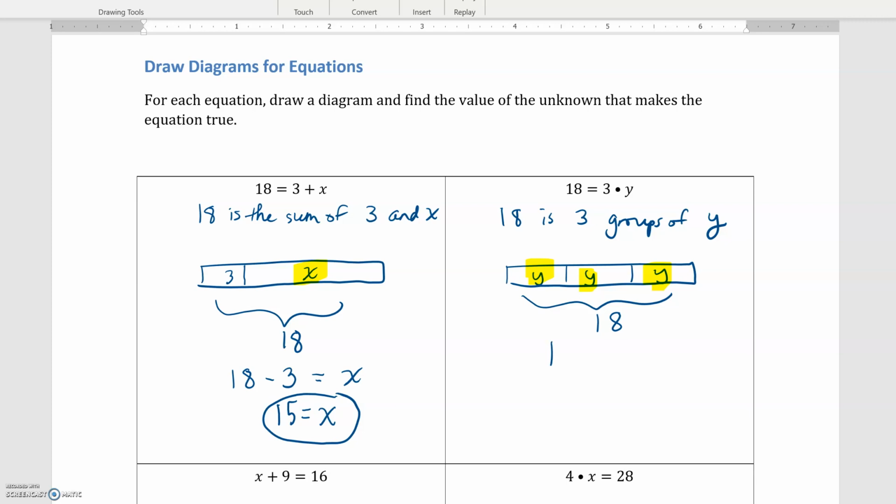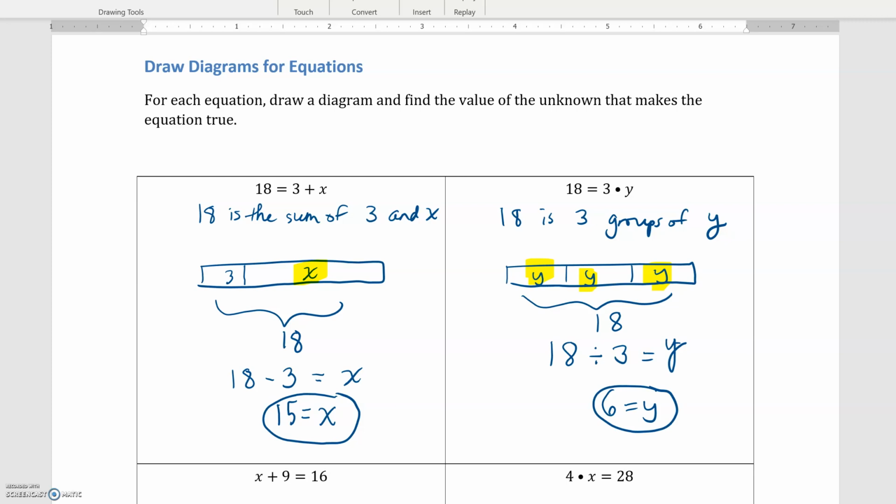So I can say that 18 divided by 3 would give me what y equals. Using some mental math, I have to ask myself, what's 18 divided by 3? I can think that that's going to be 6, so 6 will equal y.